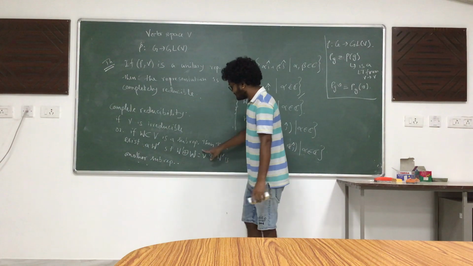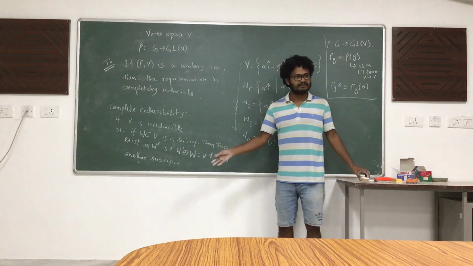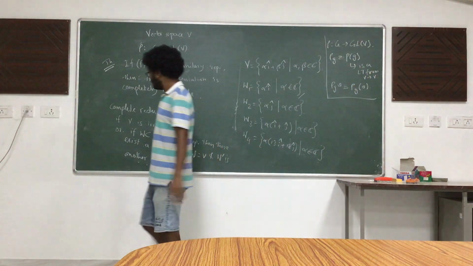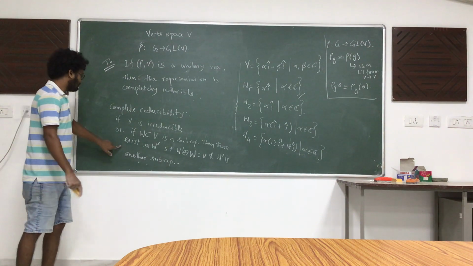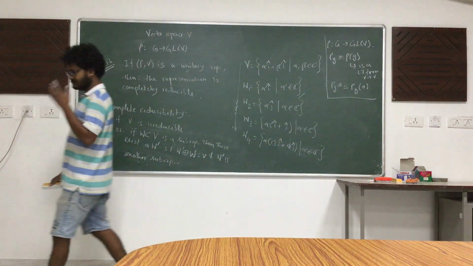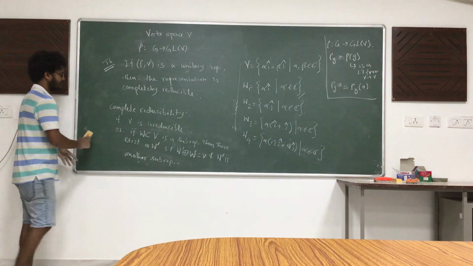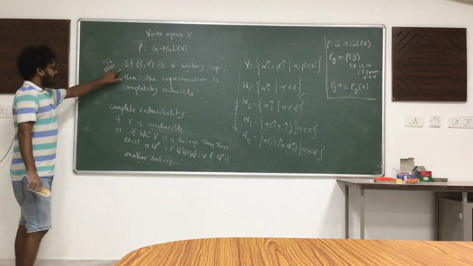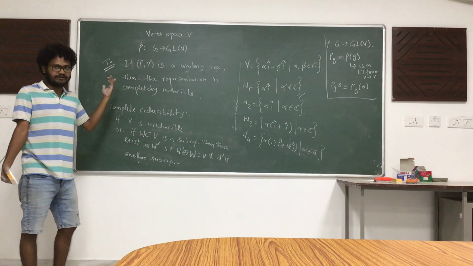Then we can go on further and further to find finally all the irreducible representations. So the first part is trivial: if V is already irreducible, then of course it is a completely reducible space.